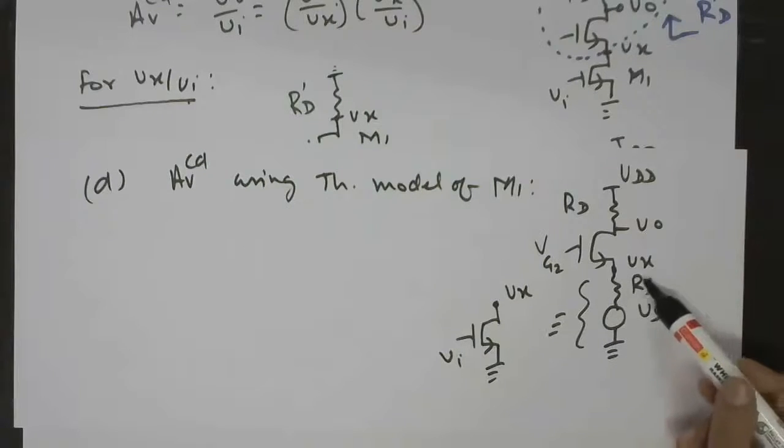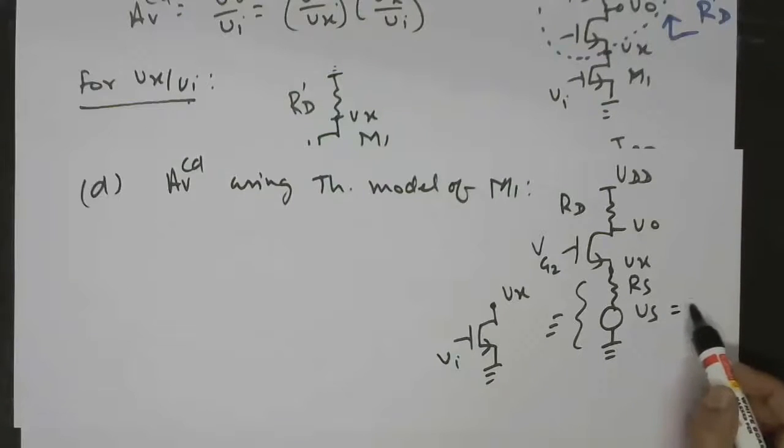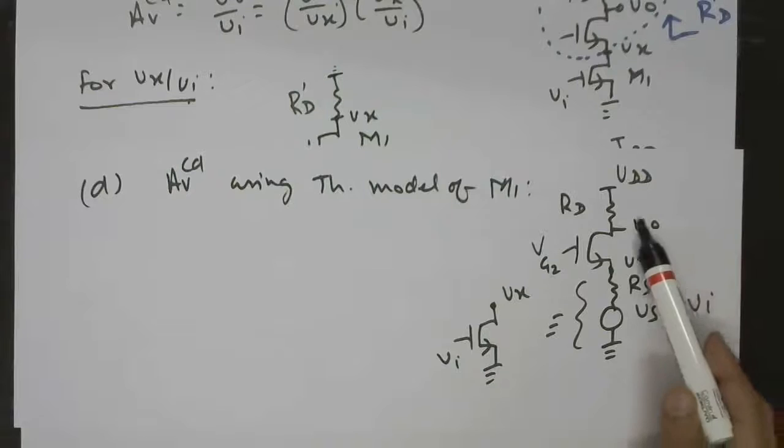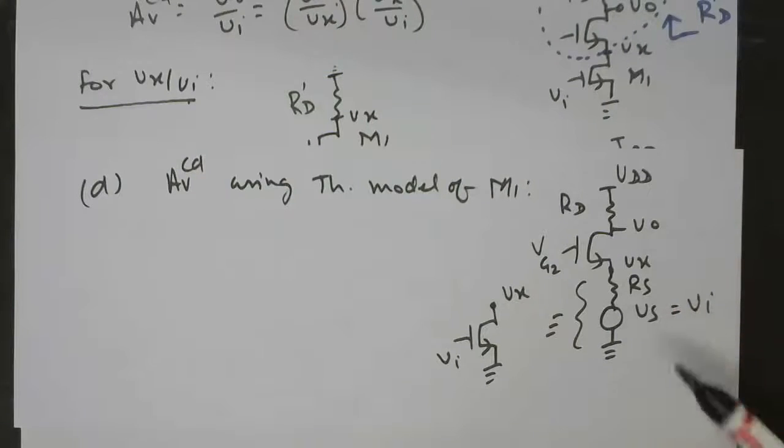So this is the non-ideal source with an ideal voltage source and RS. And actually when you work it out, this will turn out to be VI. So if you try to find the voltage gain of this common gate configuration, that means VO by VS, that will turn out to be VO by VI. And that is what you have been looking for.